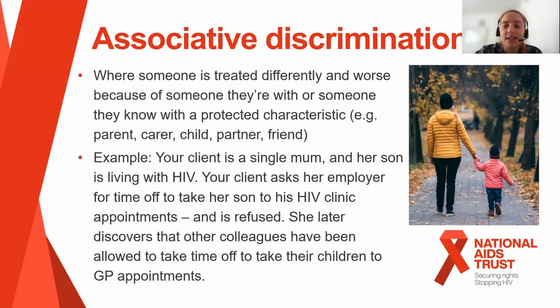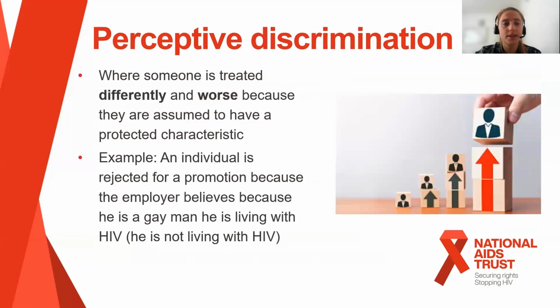But she later discovers that other colleagues have been allowed to take time off for their children, to take their children to GP appointments. And again, for associative discrimination to take place, the person discriminating must know or be expected to know, or even suspect, that the associate, that could be parent, carer, child, partner or friend, is living with HIV. Otherwise, it wouldn't qualify as associative discrimination.